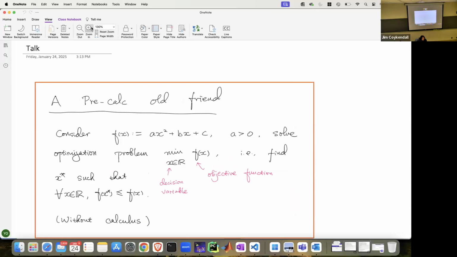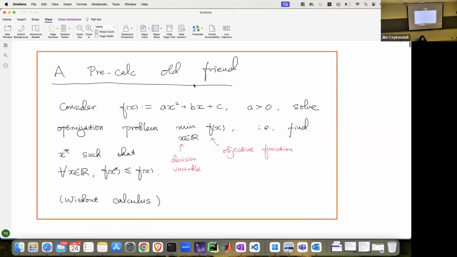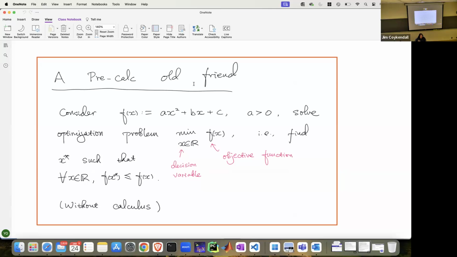So suppose that we have a function. It's a quadratic function opening up, so the constant a is greater than 0. I would like to ask how to solve an optimization problem that minimizes this quadratic function over all the real numbers.